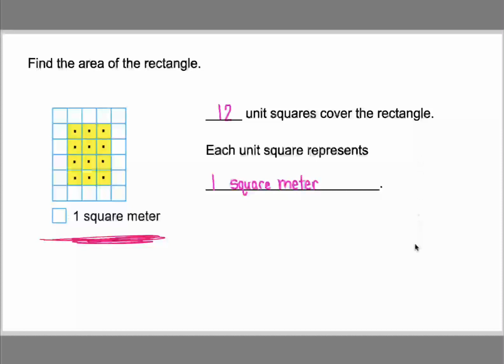Now we need the area. So the area is 12. Yes. 12 what? 12 square meters. Excellent. So the only difference is that we will write 12 square meters, not 12 square units. Why? Because each unit square is 1 square meter.